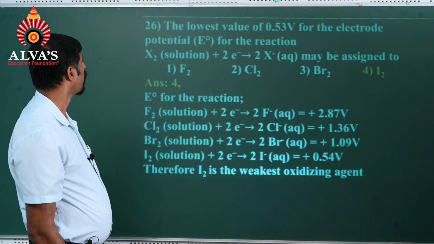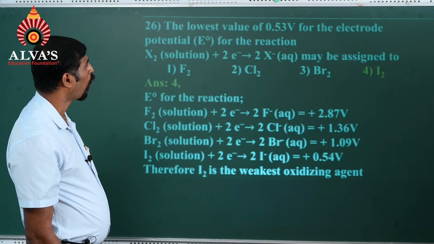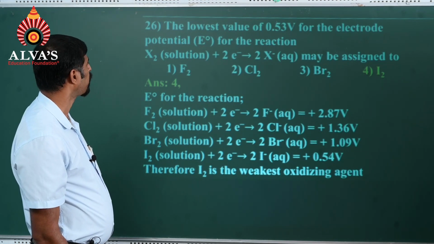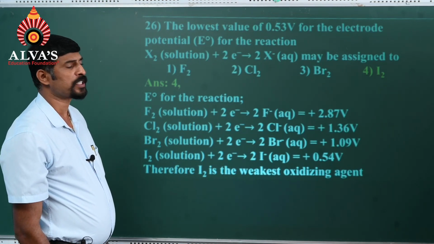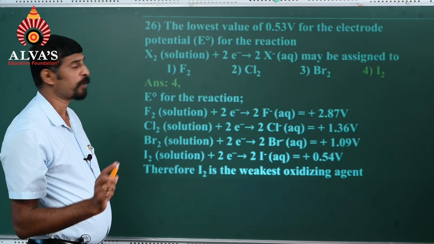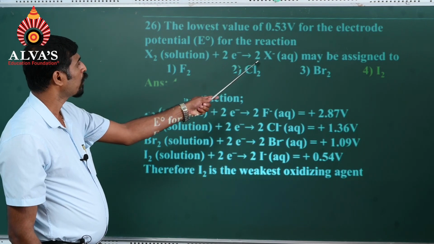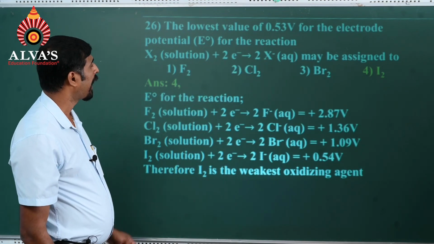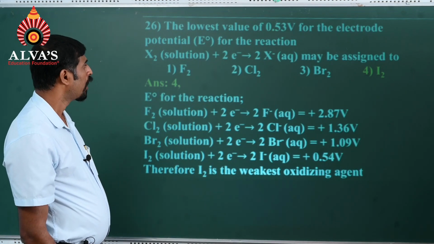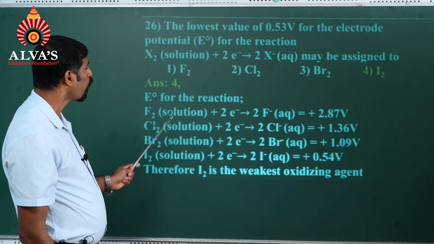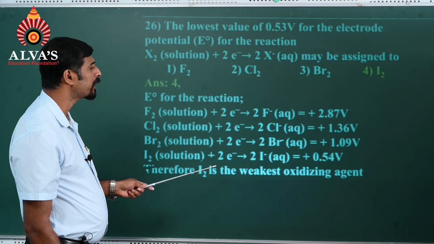Next, move on to question number 26. The lowest value of 0.53 volt for the electrode potential E0 for the reaction. Please remember, electrode potential is measured in terms of reduction potential. Now, X2 plus 2 electrons gives 2X minus, and this is a reduction reaction because addition of electrons is a reduction. Now, if you consider halogens, fluorine is the strongest oxidizing agent. Why is it the strongest oxidizing agent?